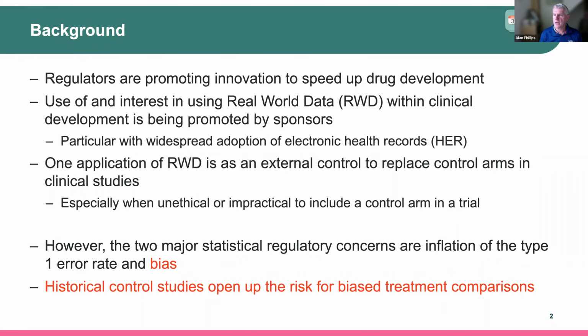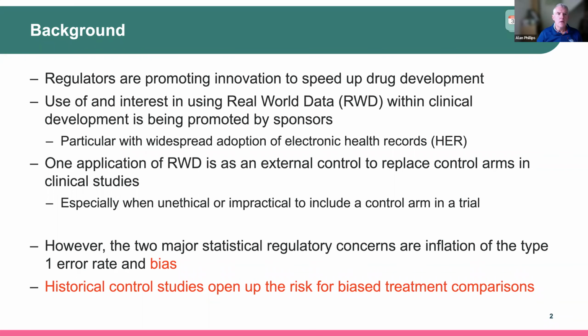So in other words, there's a greater chance than the 5% that is usually accepted of claiming a success when actually there is no difference between a drug, or it doesn't necessarily work. That's one area. The second area is bias. And the problem with using a historical control is that it opens up the risk for biased treatment comparisons, much more so than in a controlled clinical trial that you would normally design.